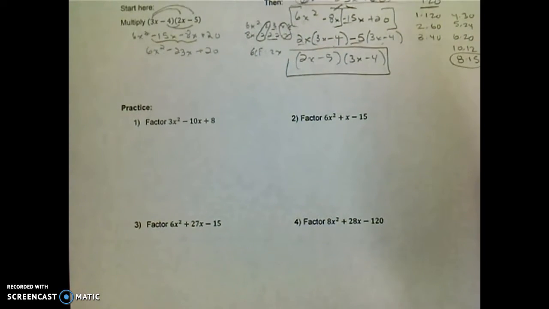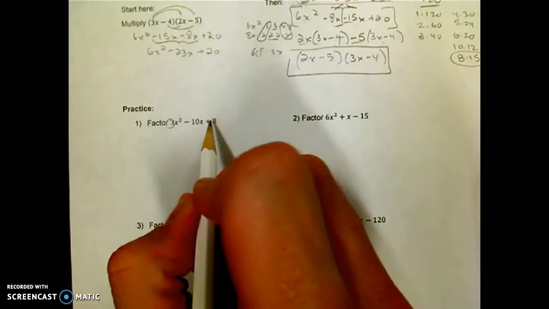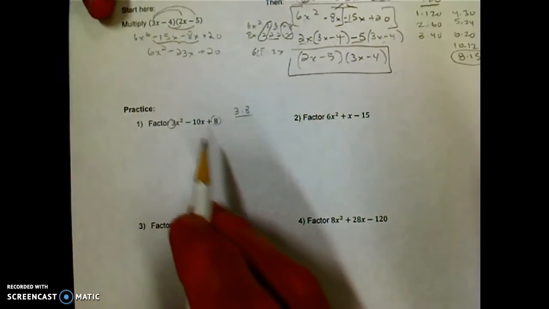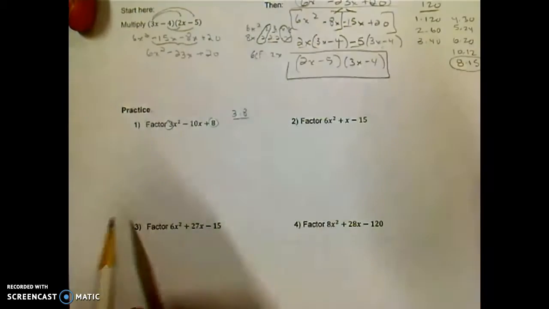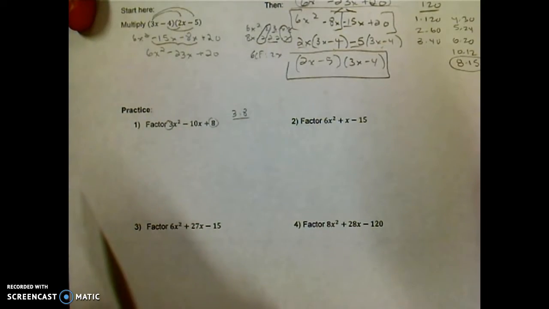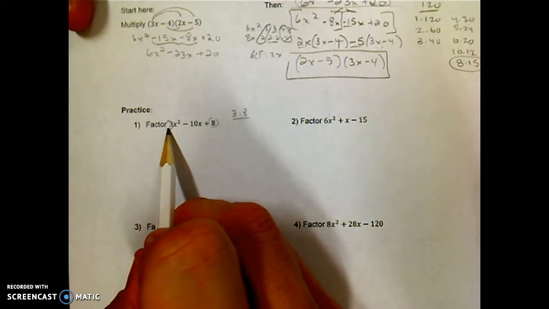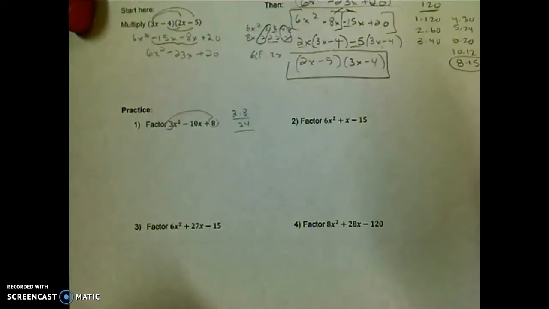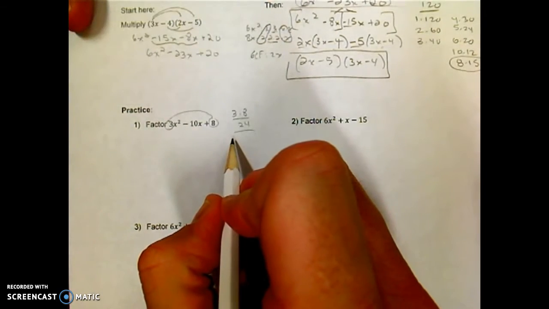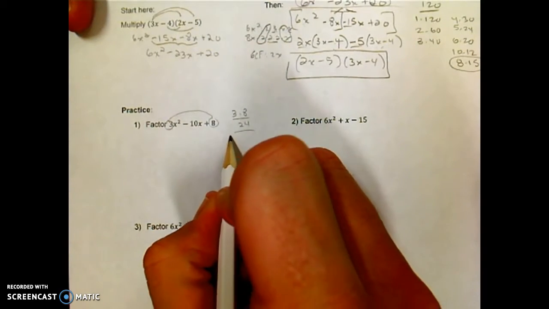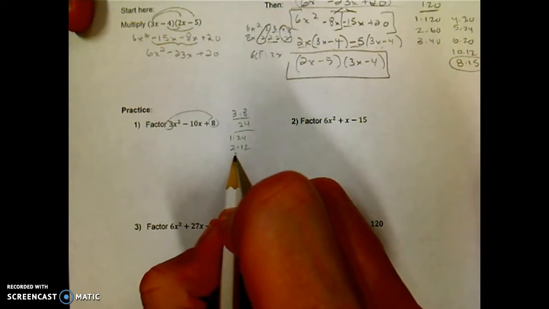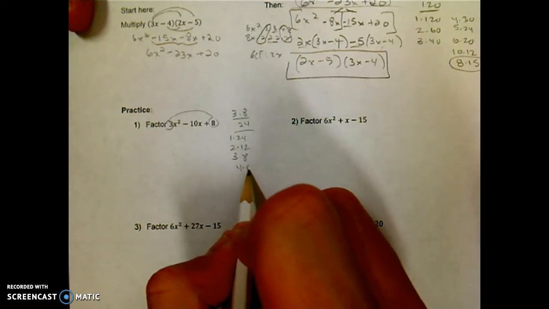Let's practice a couple. 3x squared minus 10x plus 8. Similar type of problem, even down to where the plus and minus are located. I'm going to take my leading coefficient, the 3, and multiply times the 8. That gives me 24. I need factors of 24. I'm looking for 2 that add up to negative 10. 1 and 24, 2 and 12, 3 and 8, 4 and 6.